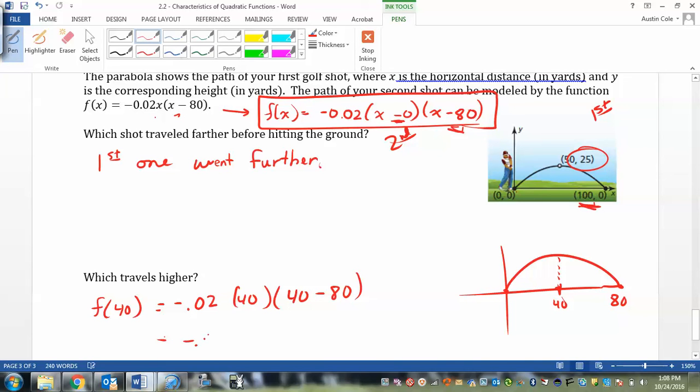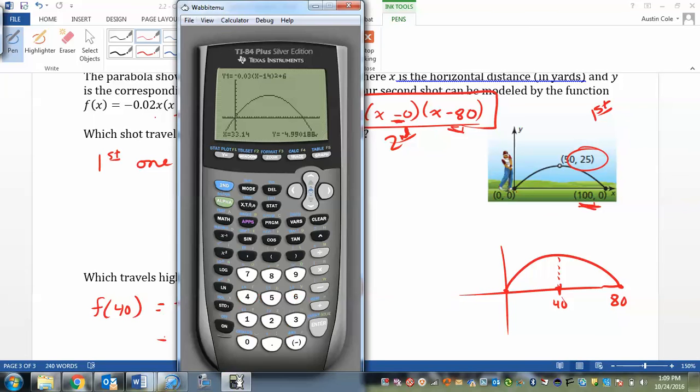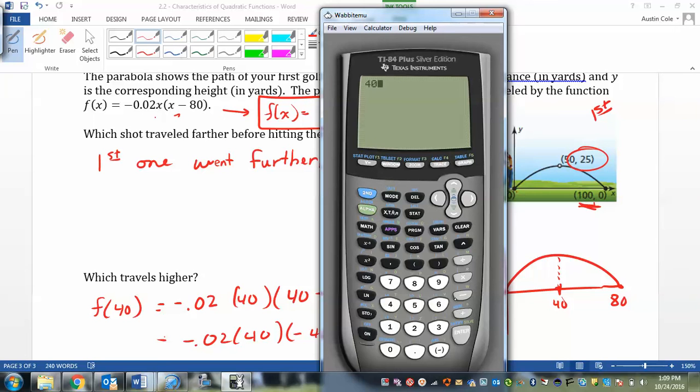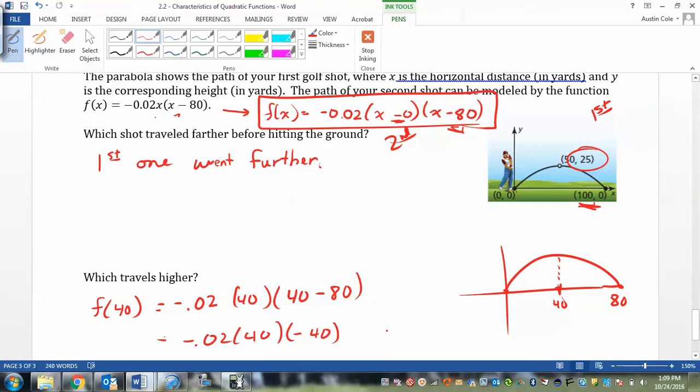So I'm going to have negative 0.02 times 40 times negative 40. What's 40 times negative 40? Negative 1600, times negative 0.02 gives me 32. So this one went 32 feet in the air.